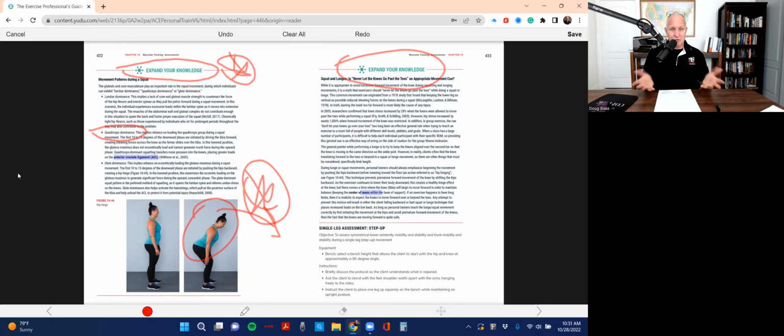When I tell my clients to do a squat, the first thing I say is, first and foremost, put your body weight on your heels. What does that do? It immediately forces you to move your hips back, right? And you'll notice, especially in this picture, the hips have sort of moved from this position to here. The hips moved backwards.